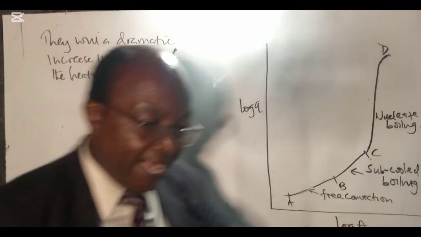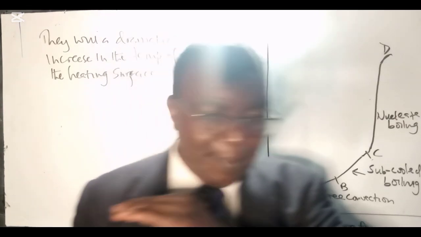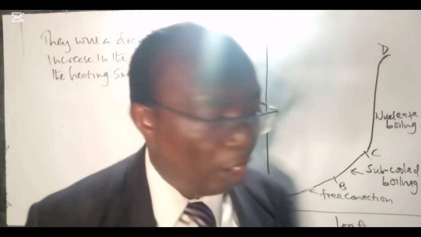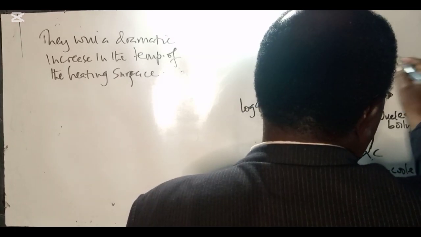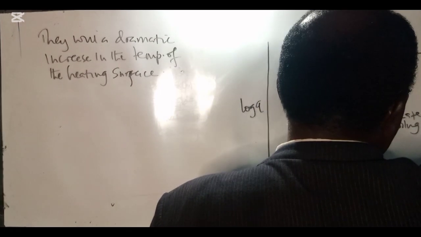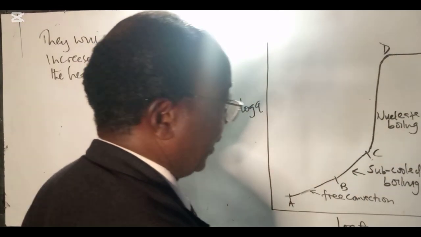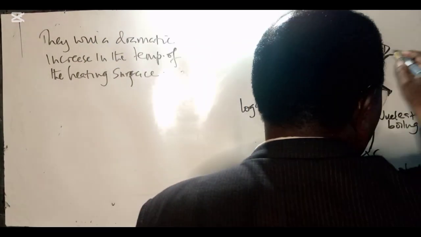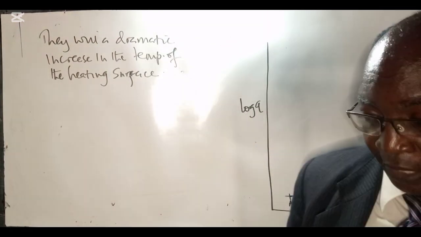Remember, we have that vapor layer, and then this dramatic increase in the temperature of the heating surface. Go to point E. Let's call that state point E. You have a dramatic increase in the temperature, and at that particular point, that's called the burnout point.